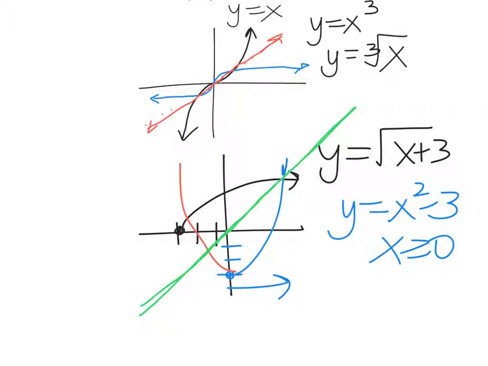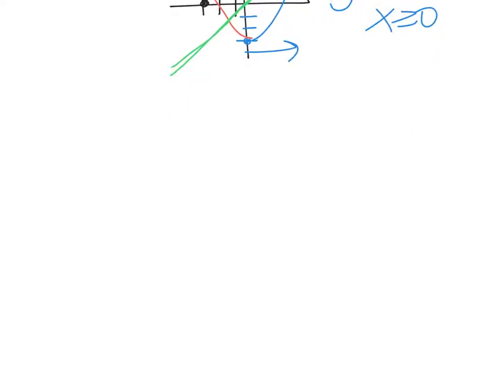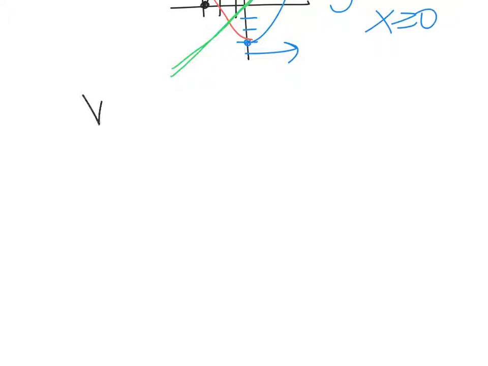All right. Now, the second part of inverses, algebraically, is to verify inverses. Now, to verify an inverse algebraically, graphically you can verify by seeing that it's a reflection over y equals x. But to verify algebraically, you have to do this.